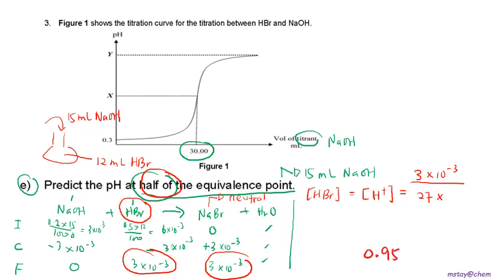If we want to calculate the concentration, we need to convert the unit ml to liter by multiplying with 10 to the exponent of negative 3. Press the calculator, and you will get the answer. The concentration of H plus is 0.111 molar. Then you can press the calculator, pH equals negative log 0.111, then get the pH value.